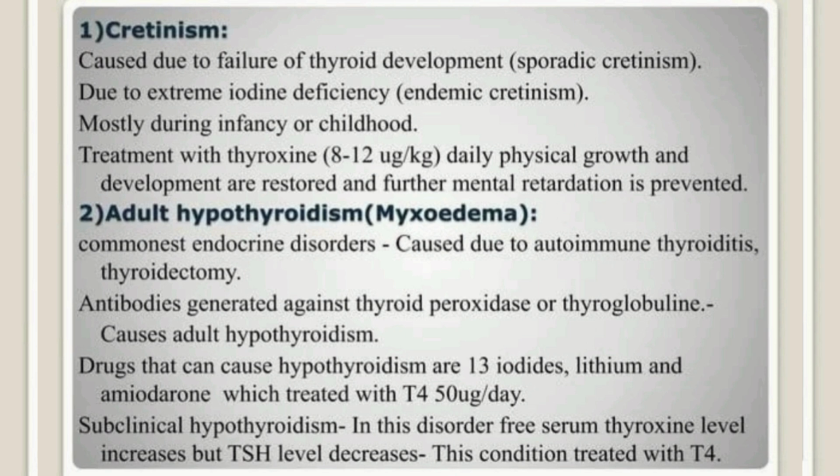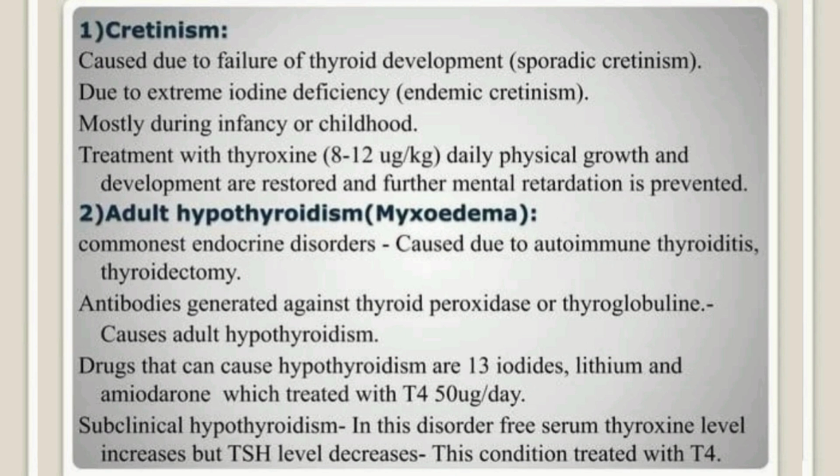Cretinism is caused due to failure of thyroid development, that is sporadic cretinism, or due to extreme iodide deficiency, that is endemic cretinism, and mostly occurs during infancy or childhood. Treatment is with thyroxine, 8 to 12 micrograms per kg daily; physical growth and development are restored and further mental retardation is prevented.